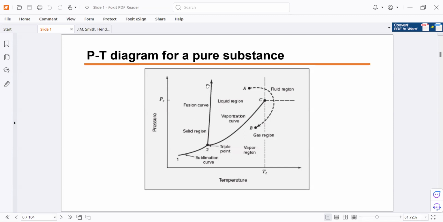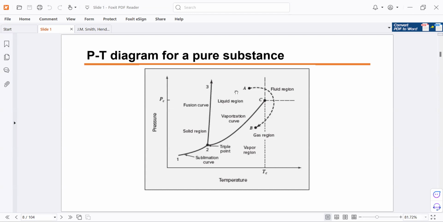Also, from solid to liquid, you can, at constant temperature this time, decrease the pressure.